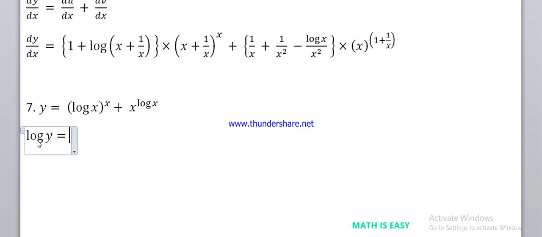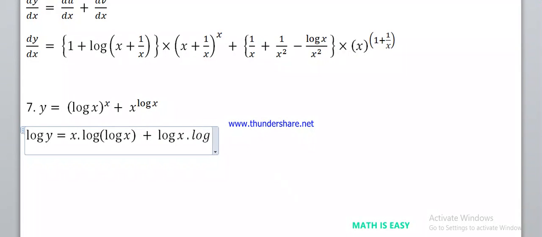Log y is equal to, when I apply log, x will come as the product, x into log of log x, plus log x into log x. So now after applying log on both sides, you are going to get this.